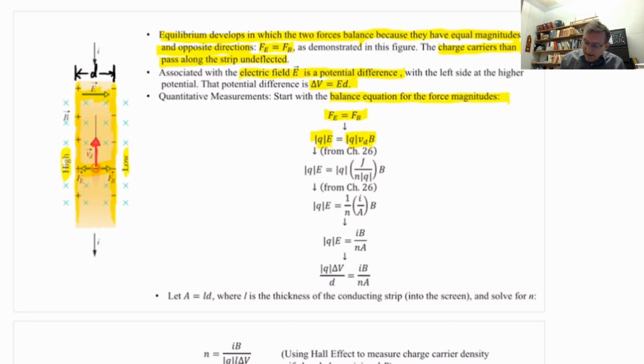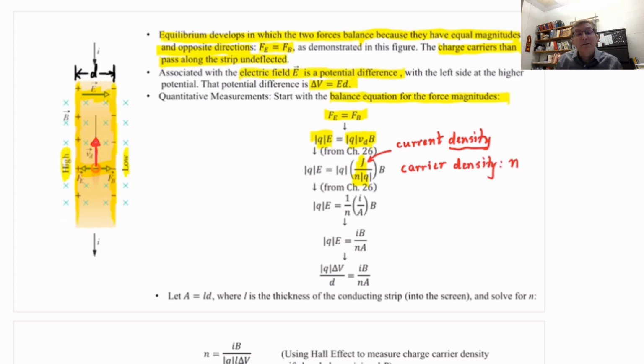The next thing I did is use an idea from chapter 26 on the right-hand side. I replaced the drift speed, Vd, with the magnitude of the current density, J, in the copper, over n, the carrier density.